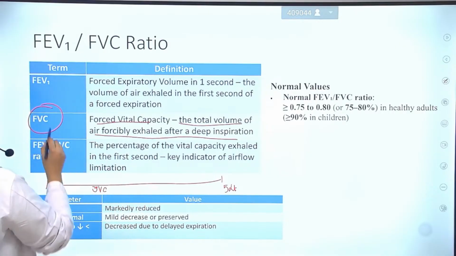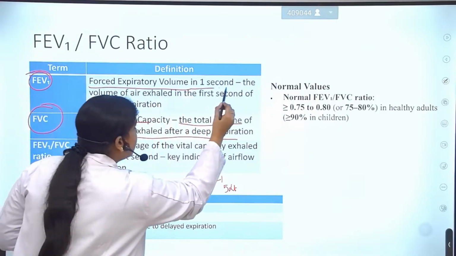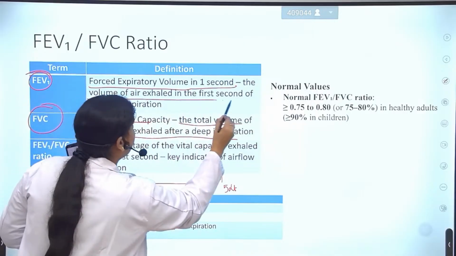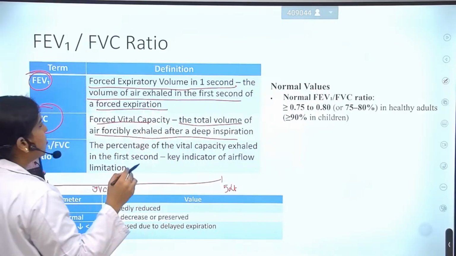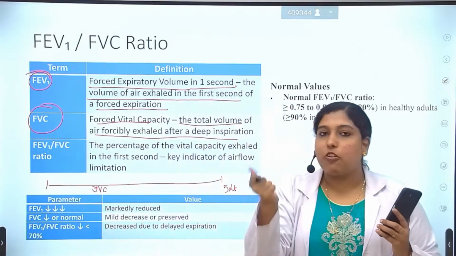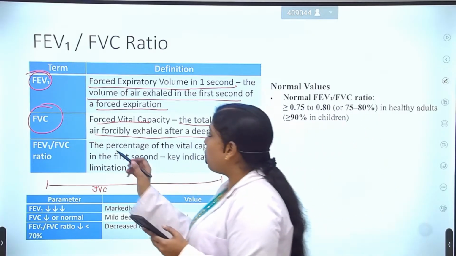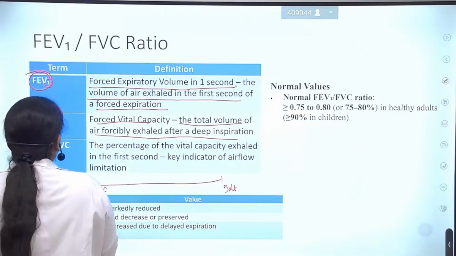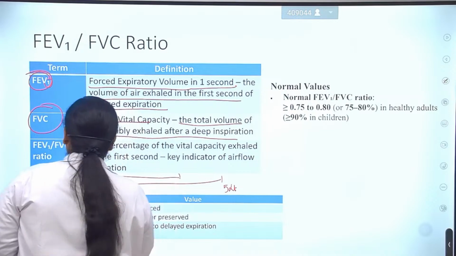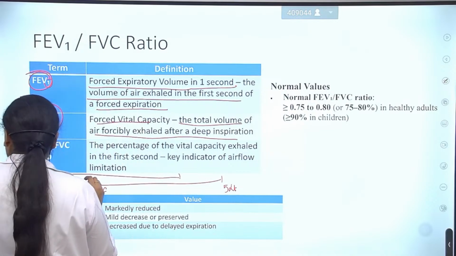This FEV1 is the forced expiratory volume in 1 second, the volume of air exhaled in the first second of the forced expiration, which means that when I start my forced expiration, during the first second this forced expiratory volume will be analyzed. That is why it is written 1 here. So consider your normal FEV1/FVC ratio.